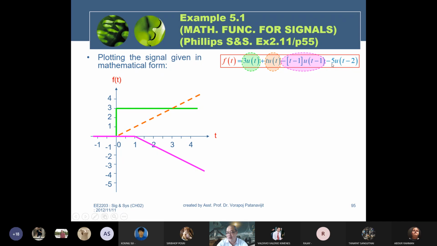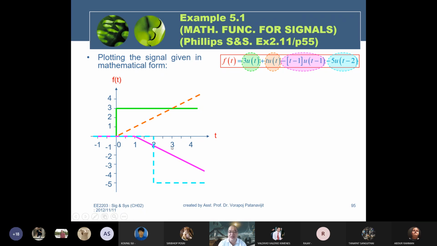You take the amplitude scaling, amplitude reversal, and time shifting. The graph that you get is the blue one. Here is the unit step. You take the amplitude reversal and the amplitude scaling, and you shift it to the right by 2 points.